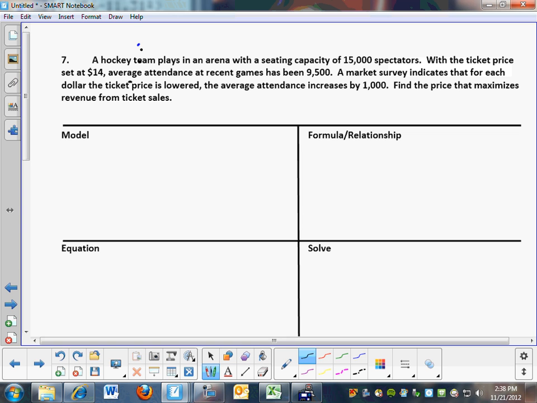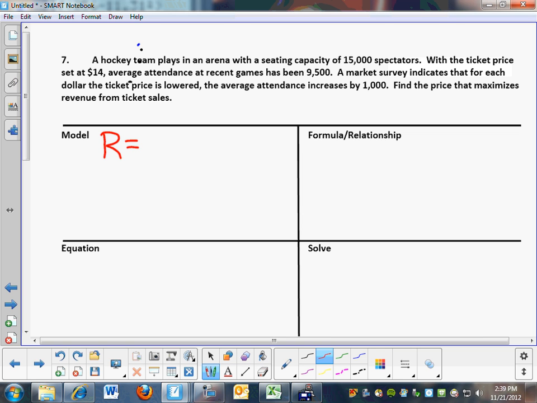Well, whoever's running this show wants to make sure that they can maximize their revenue. They're not so concerned about filling the seats. They just want to maximize the revenue. So, let's give it a try. How do I determine revenue? In this problem, how do I figure out how much money I'm going to make?